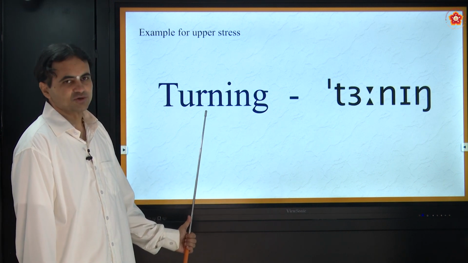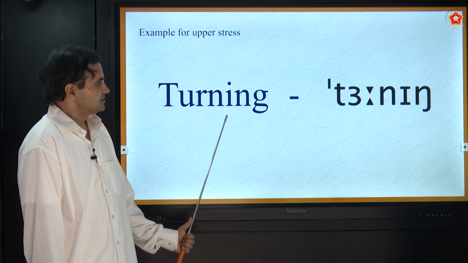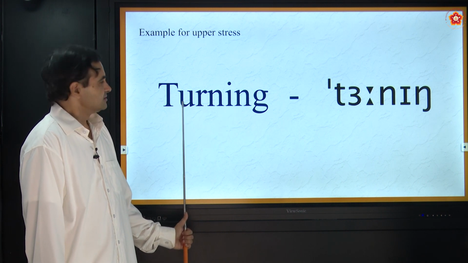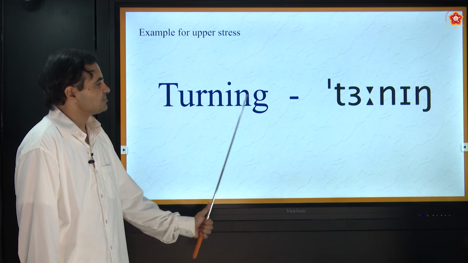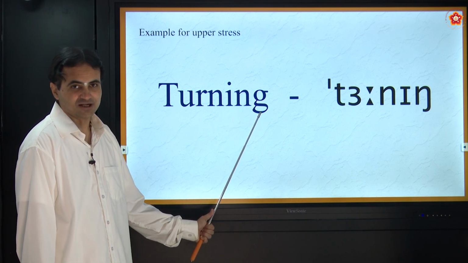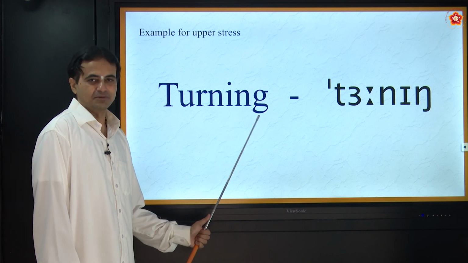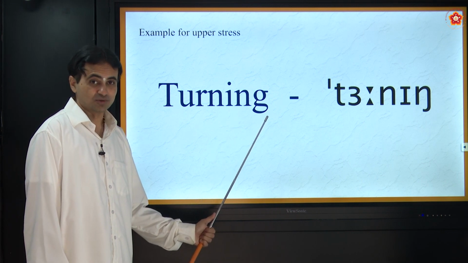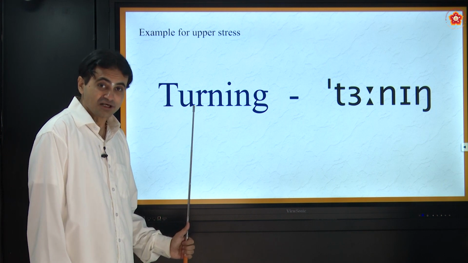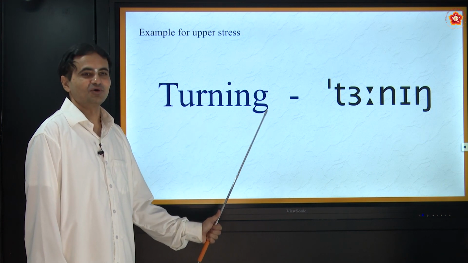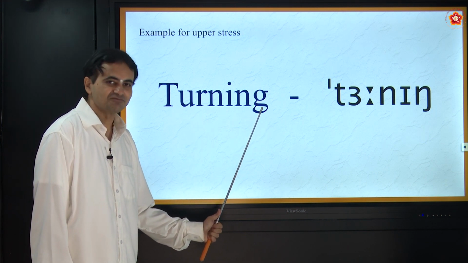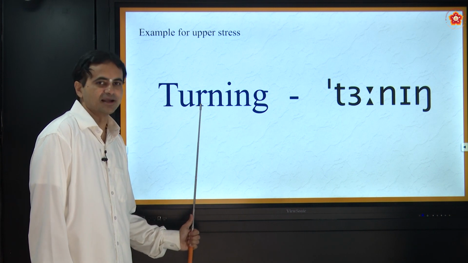Next word, T-U-R-N-I-N-G. Generally we pronounce this R and this G meticulously, because we see the alphabetical spellings and don't want to miss them. Therefore we say turning, pronouncing the G and the R very clearly.